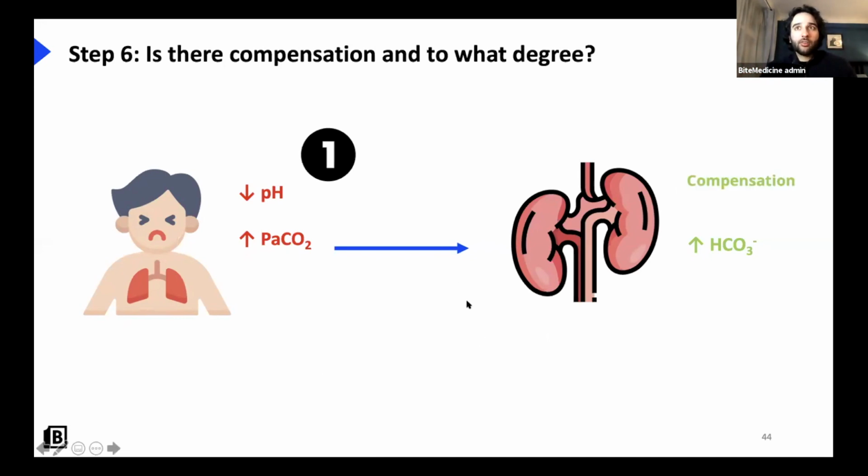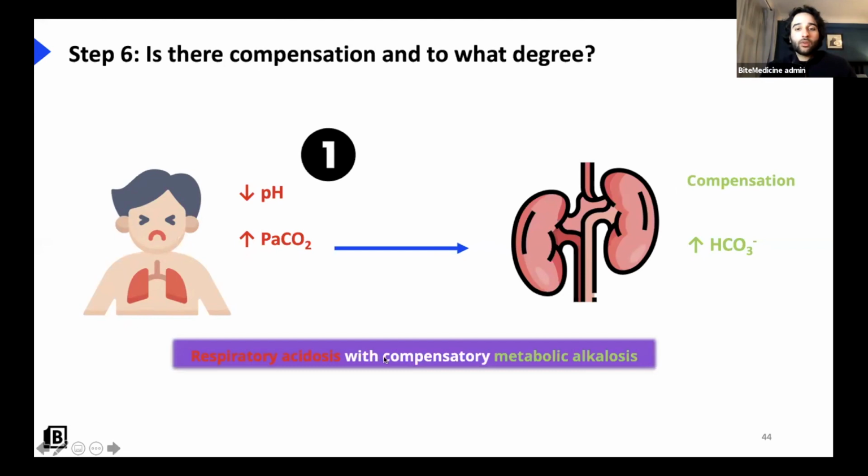Respiratory acidosis with compensatory metabolic alkalosis. So we can see respiratory acidosis has caused the kidneys to respond by retaining more bicarbonate, conserving bicarbonate, and this is a compensatory metabolic alkalosis.